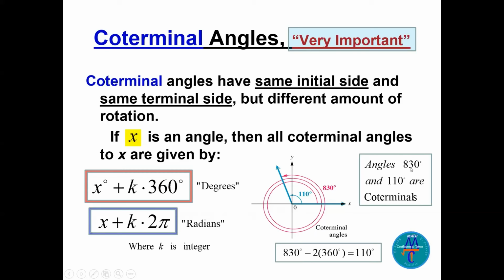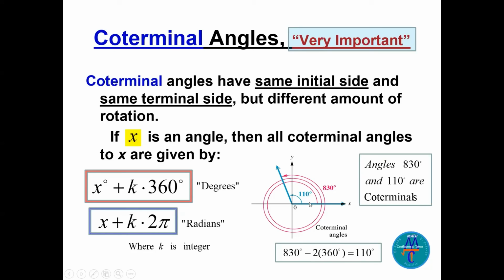How do you know? 830 is a big angle. Try to subtract multiples of 360, 1 time, 2 times, 3 times, 4 times, until you get an angle less than 360. So if you subtract 720 from 830, which is 2 times 360, you will get 110.